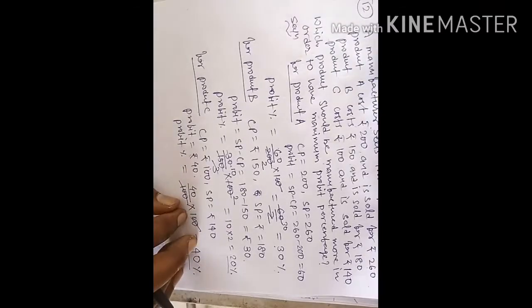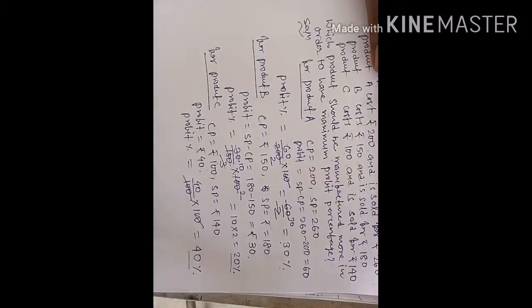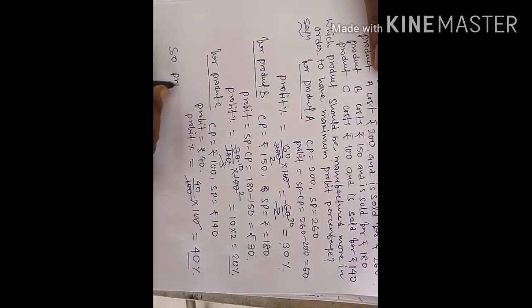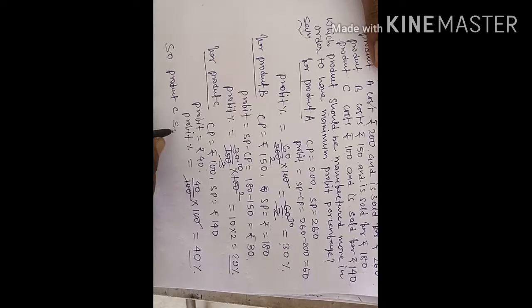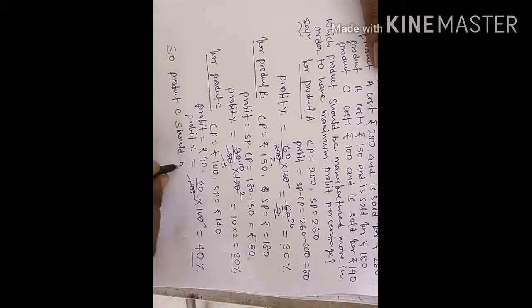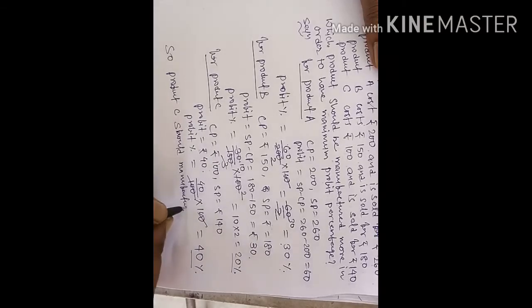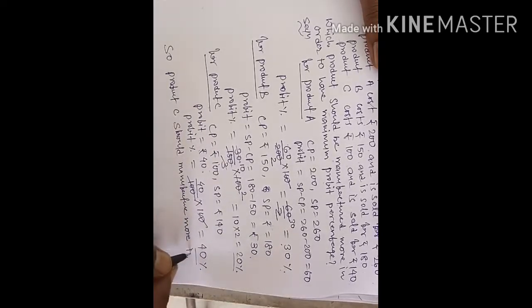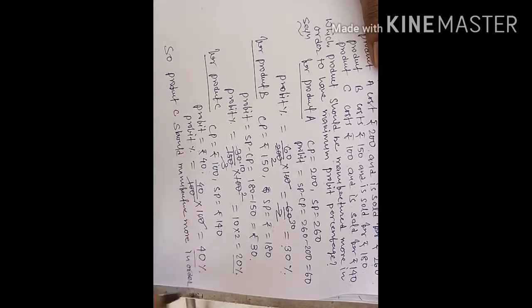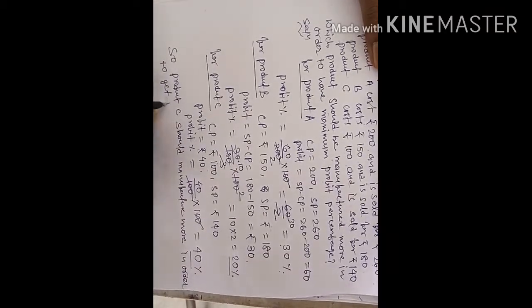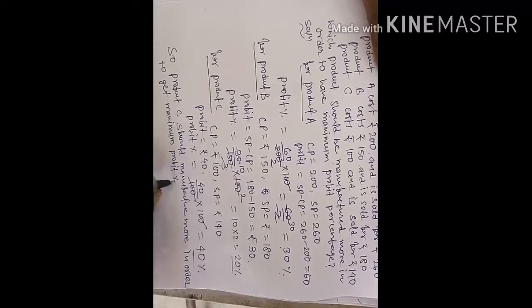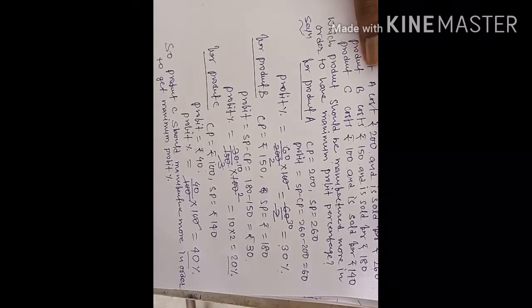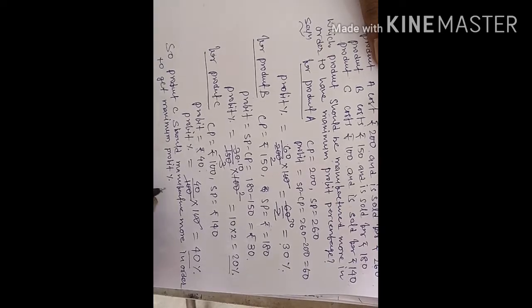So here product C should be manufactured more in order to get maximum profit percent. This is the answer.